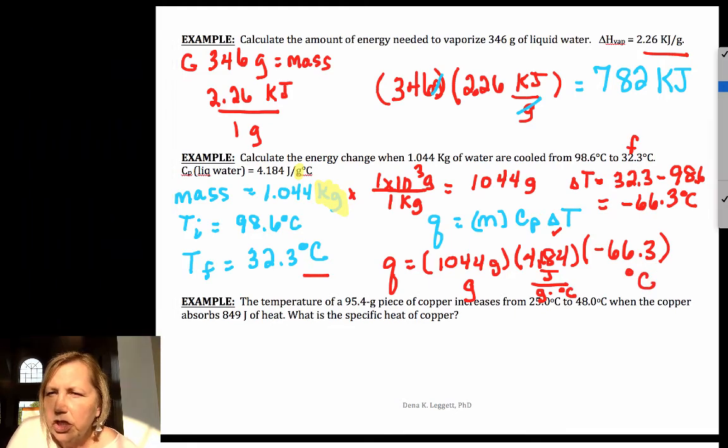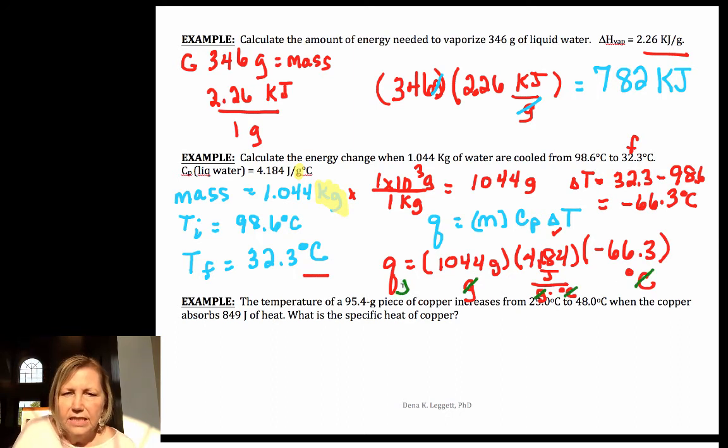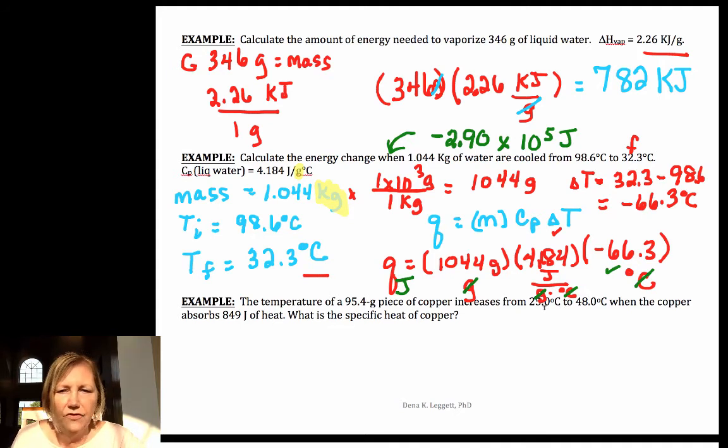I just want to show you grams cancels grams, degrees Celsius cancels degrees Celsius, and my answer will be in joules. If I do that calculation, for this problem I got minus 2.90 times 10 to the 5th joules. It had to have 3 sig figs because that temperature change had 3 sig figs.